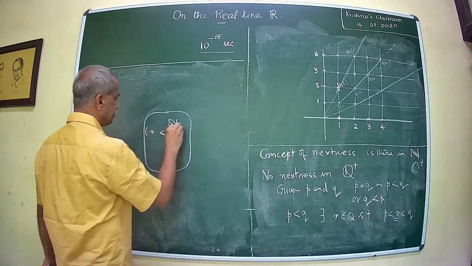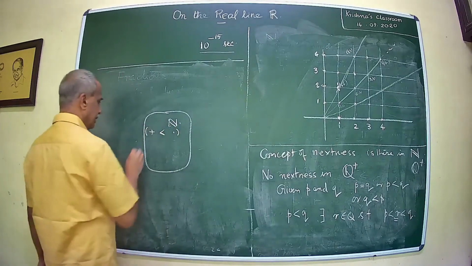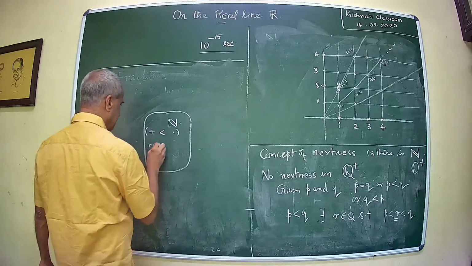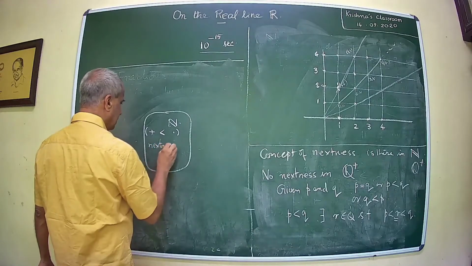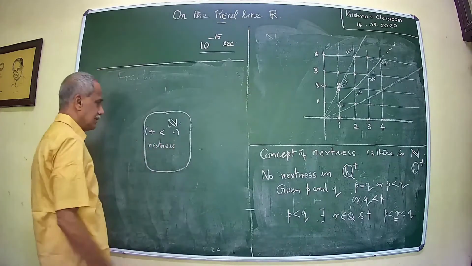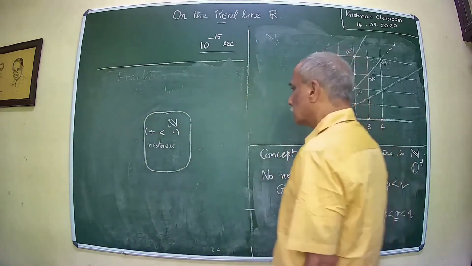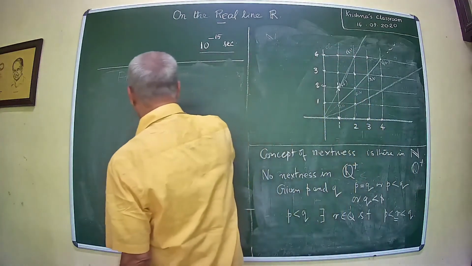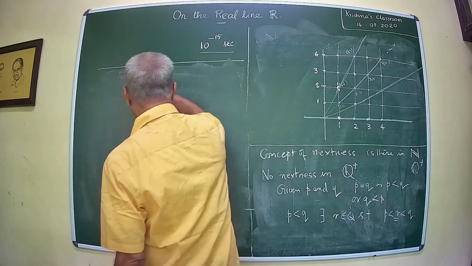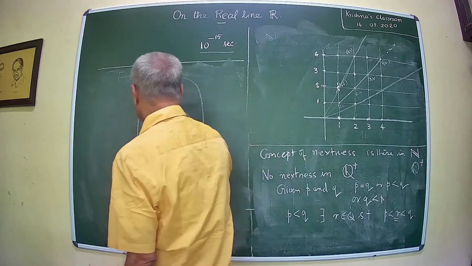Three properties are there. Nextness is there. These with the usual properties. Now you have extended this to Q plus.